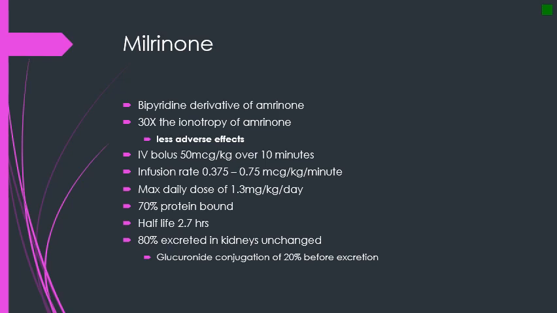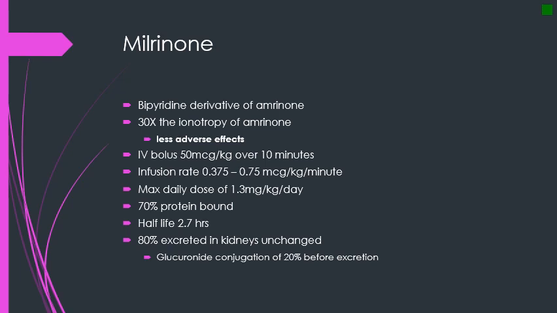It is 70% protein bound, which means if you've got these little geriatric patients or these liver patients that have hypoalbuminemia, then you're going to need to decrease their dose. The half-life's about 2.7 hours, so whenever you dose it, you know you've got a good 2 hours in the OR, going from the OR up to the unit.